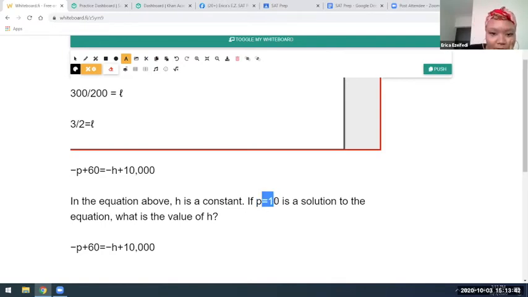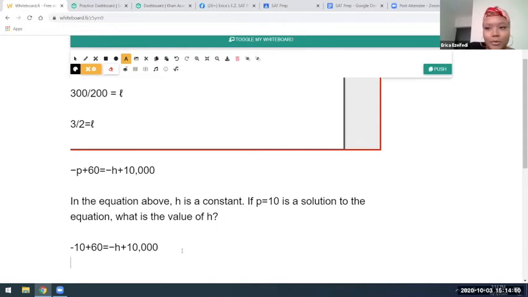So if P equals 10, I'm going to put 10 exactly where P is. It's easy to make the mistake of replacing this entirely with 10, but it's negative P, and P is 10, so it's negative 10. Okay, so negative 10 plus 60 equals negative H plus 10,000.